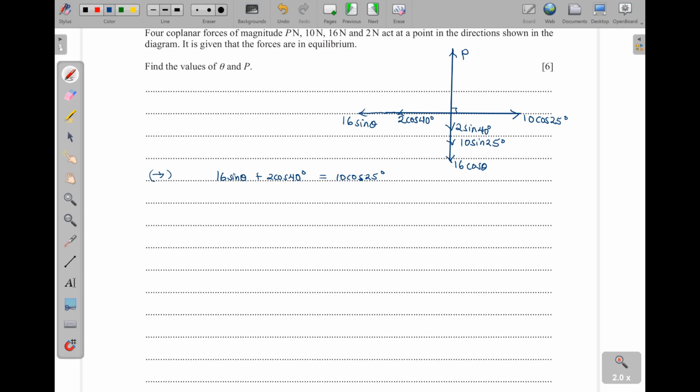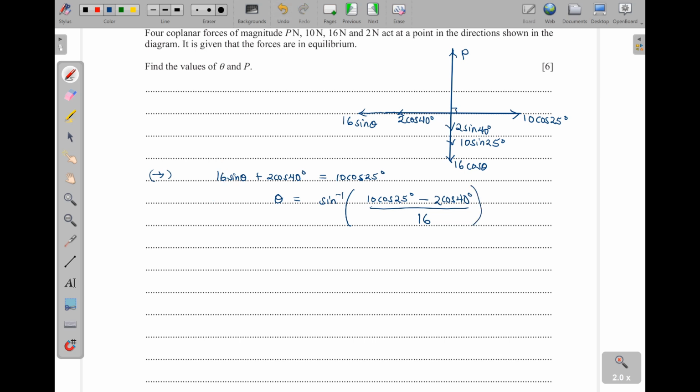Then after that, I can find theta from here. So theta is going to be the arc sine of 10 cosine of 25. Then take this to the other side, it becomes a minus, so minus 2 cosine of 40. Then we divide by 16, so we are left with sine theta. Then from there, we take the arc sine.